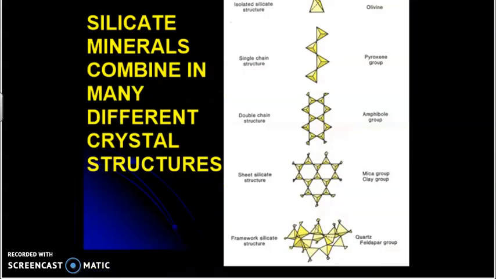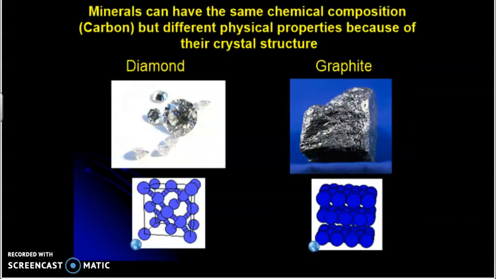These are some of the many different crystal structures that the silicate tetrahedron takes. You could have a single chain, you could have a double chain, you could have a sheet structure, or this bottom one, the framework silicate structure of quartz and feldspar, really makes that a hard mineral. When we were talking about the native elements, we talked about diamond and graphite.